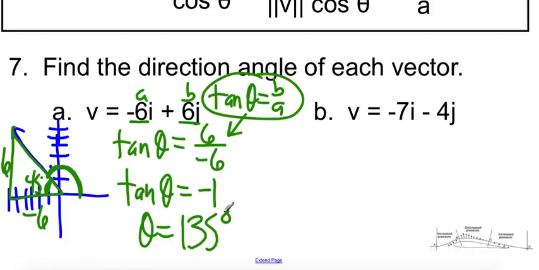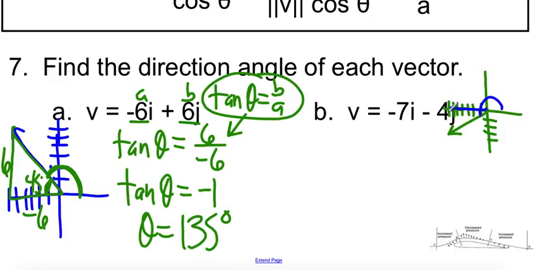Okay. Let me show you another one of how this would work. So we have a vector, negative 7, negative 4. We want to find the directional angle, so we need this angle here.